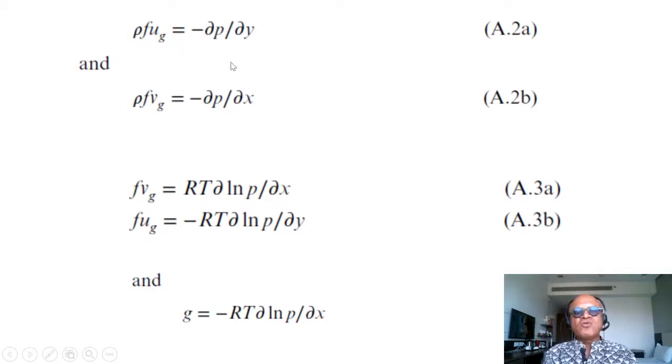Obviously if you divide by rho and take P equal rho RT, you are going to have dP over P, which is going to become ln P. I'm skipping several steps, but I'm assuming you can work through those or work with my other podcasts and make sure you understand. So f u_g then becomes minus RT times del ln P over del y, and f v_g can be written as RT del ln P over dx. This is just from the hydrostatic balance.